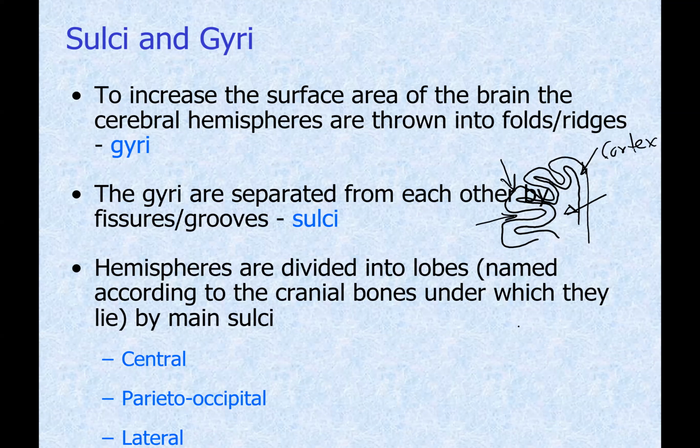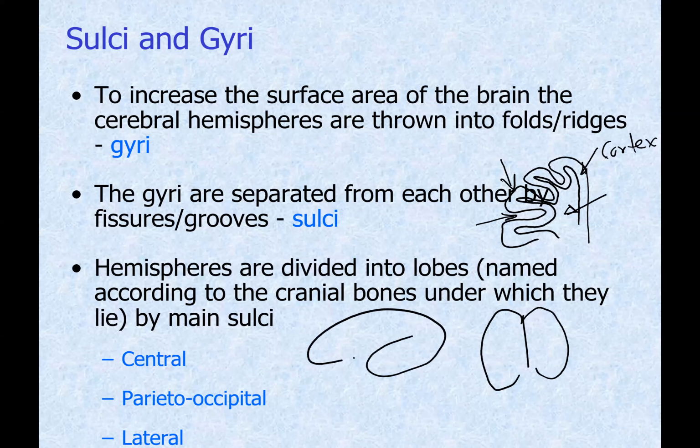Now you have two cerebral hemispheres like this. Each of these two cerebral hemispheres is divided by different sulci into 4 lobes. The main sulci are the central sulcus, parieto-occipital sulcus, and the lateral sulcus.